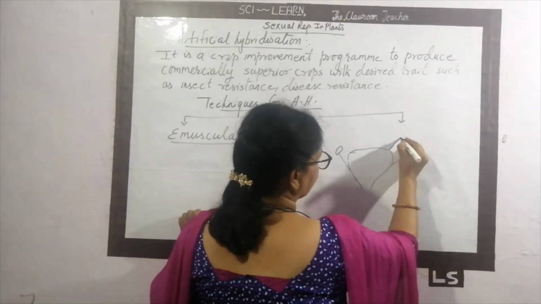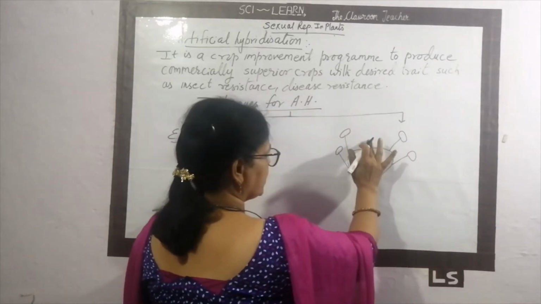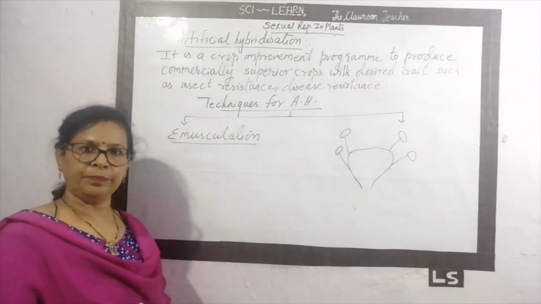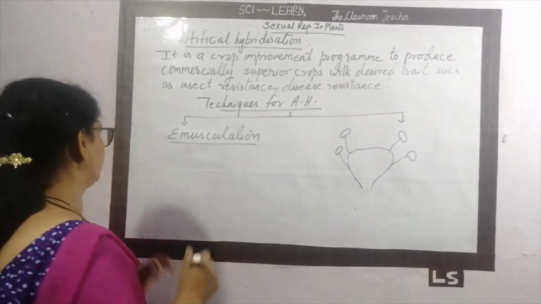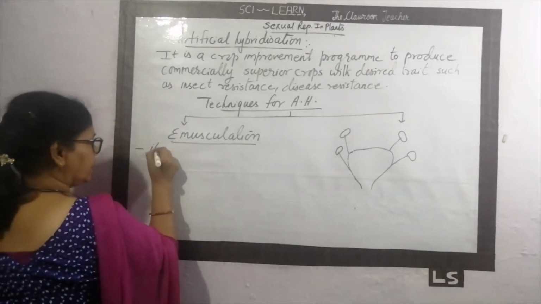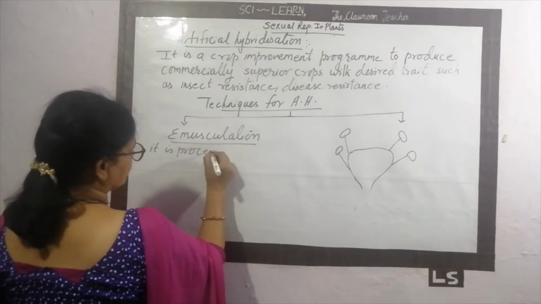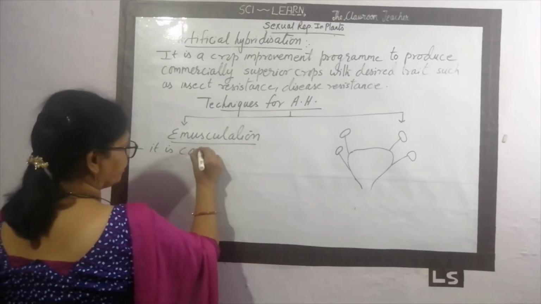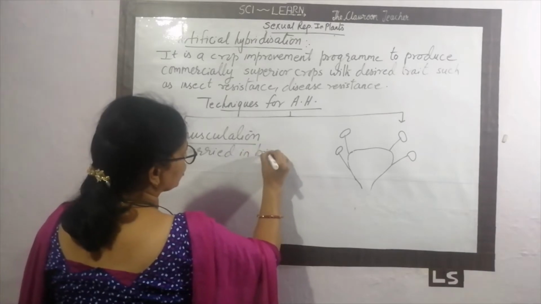This is the pollen, this is actually the anther, and this is the female part of the flower. What is emasculation? Firstly, it is carried out in a bisexual flower.